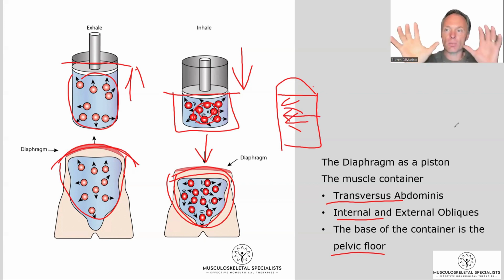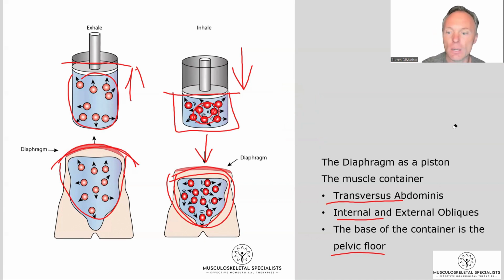The transverse abdominis wraps around that because it connects to your vertebrae and makes the container. The transverse abdominis, internal and external obliques, and the pelvic floor are all the container for this pressure system, and the pressure system turns on and off based on your requirements for stabilization.